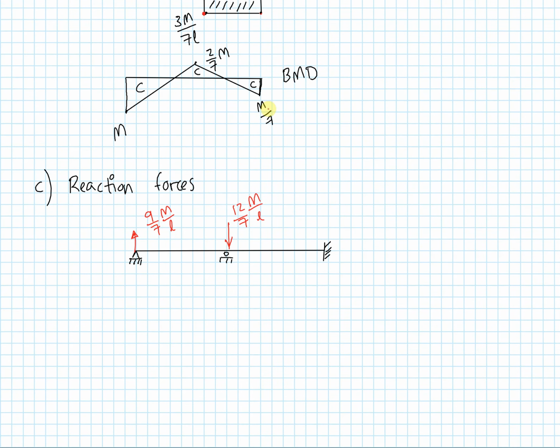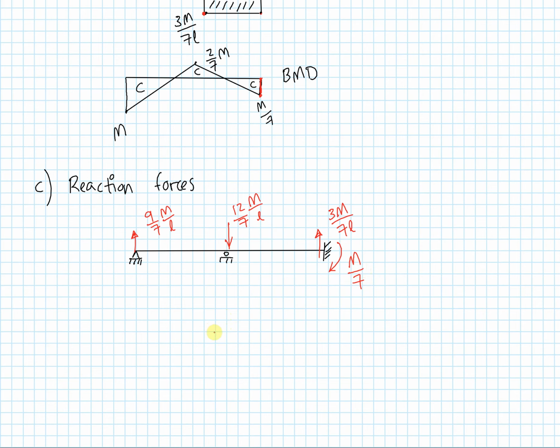So we're going up. And I can simply apply 3m over 7l. And lastly, I want to look at my bending moment diagram. So I want to keep this vertical in mind. So I have a fixed end moment reaction of m over 7.